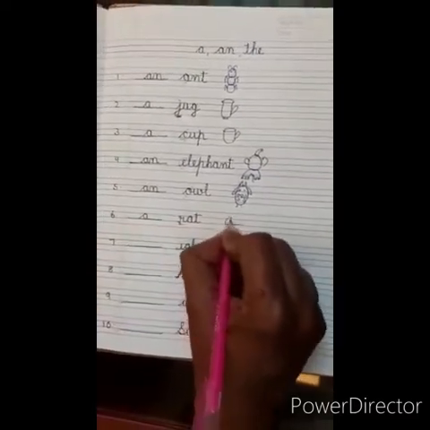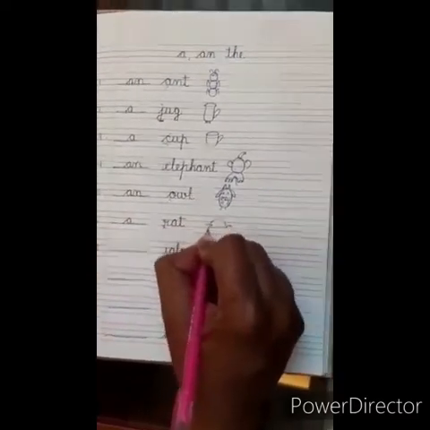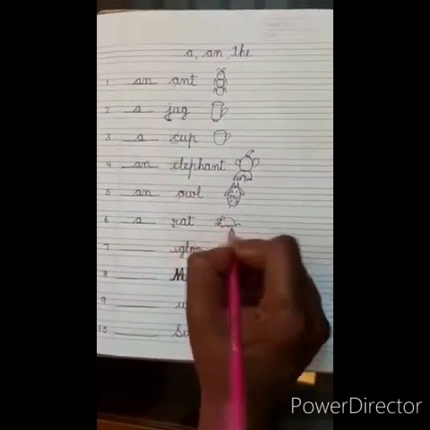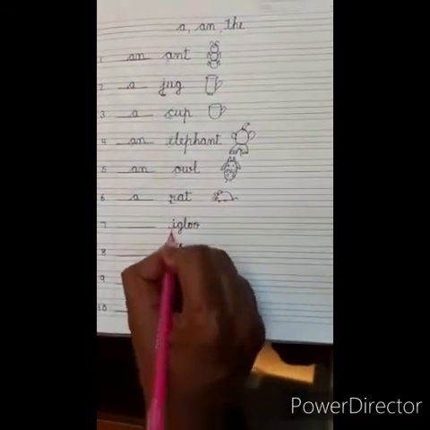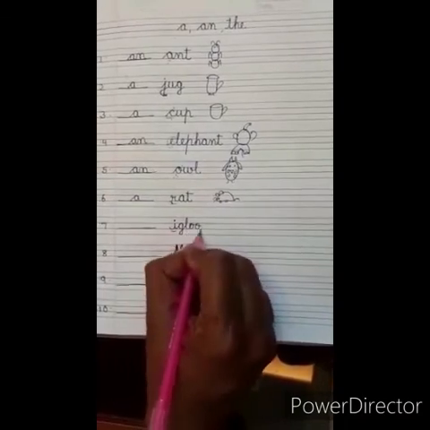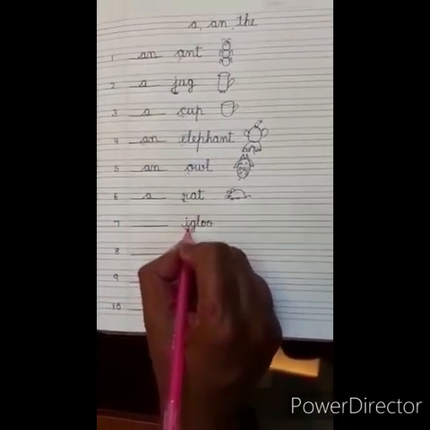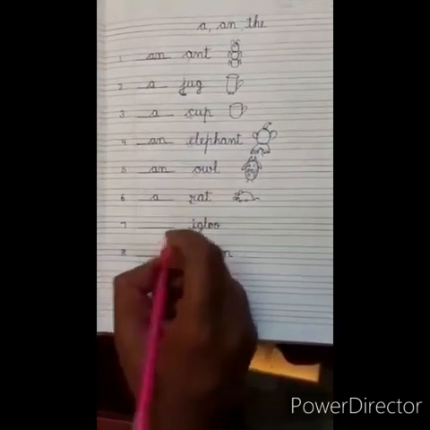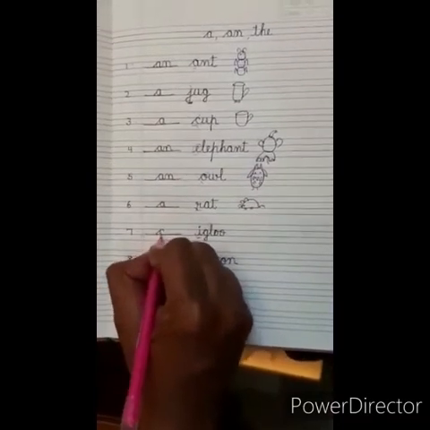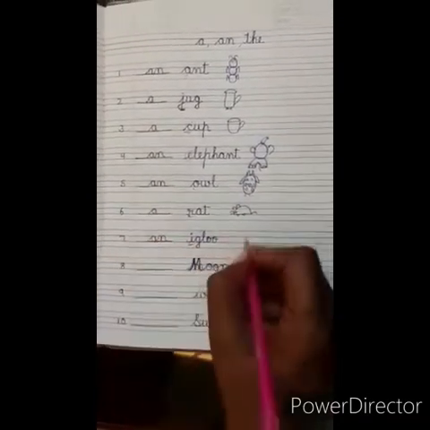You remember, na, when we read a, it says a rat. Now next one is igloo, and the first letter is a vowel, again we use an igloo.